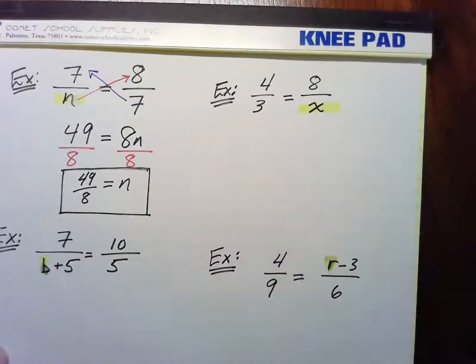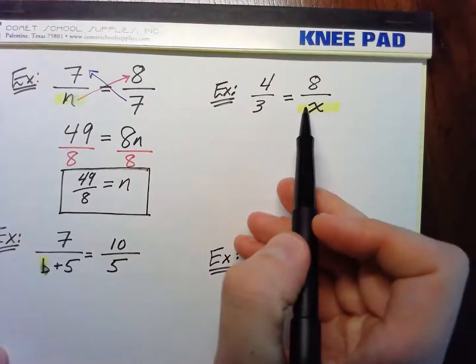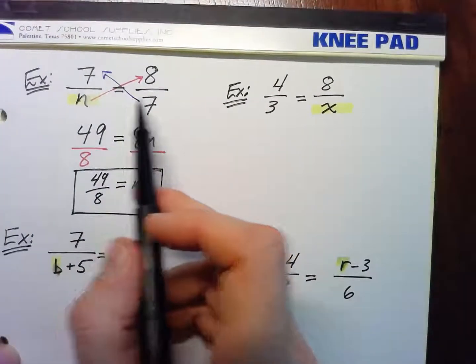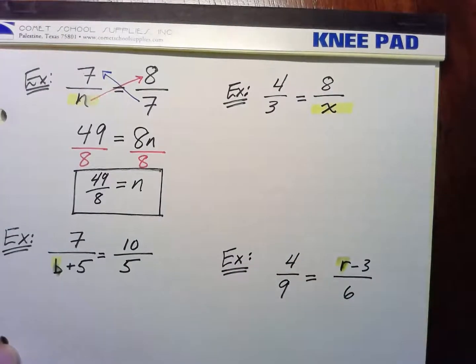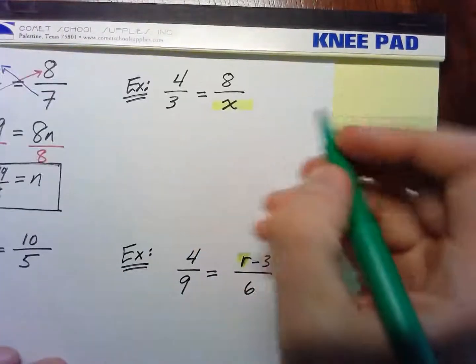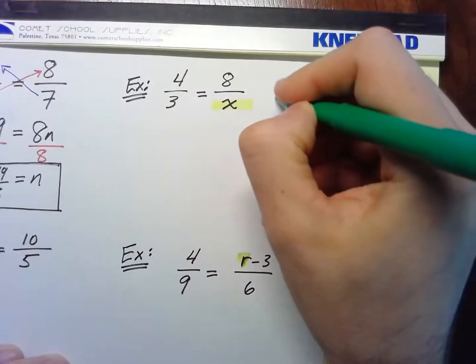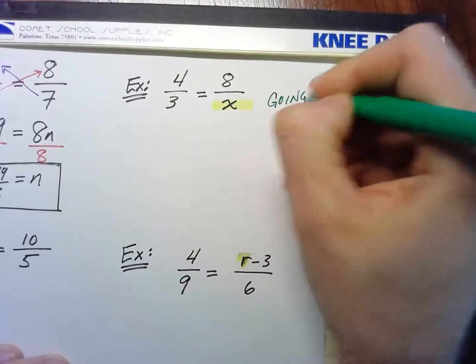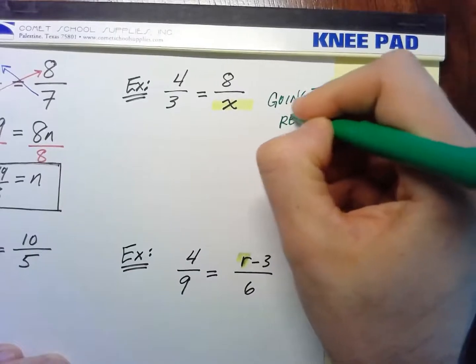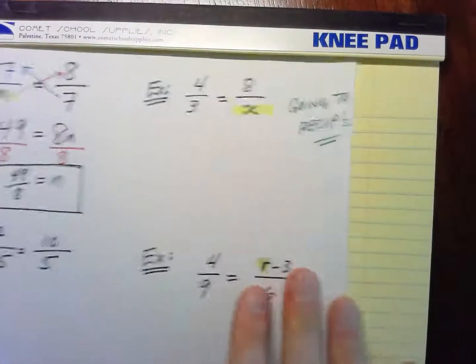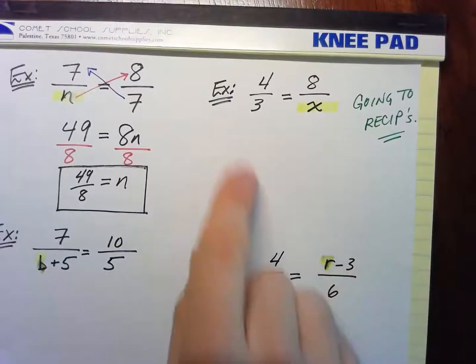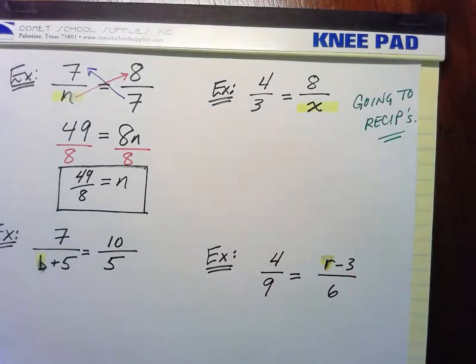Okay. Now here you could do the same thing on this one as this one because, as you can see, they're very similar setups. I'm going to do a trick on this one, a special technique that is called going to reciprocals. Going to reciprocals is a fun technique when you're dealing with stuff in an equation setup.